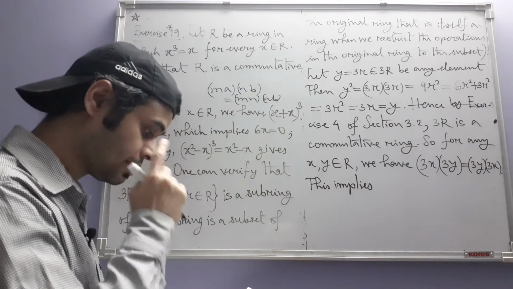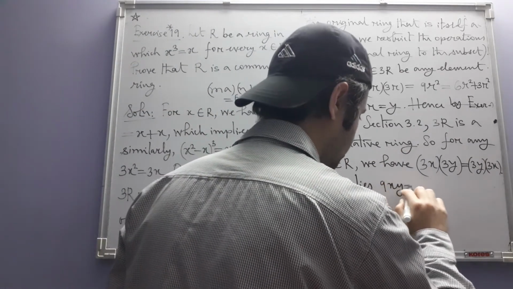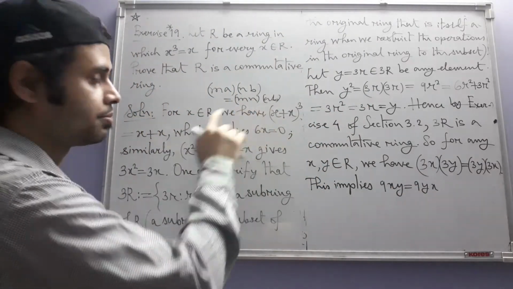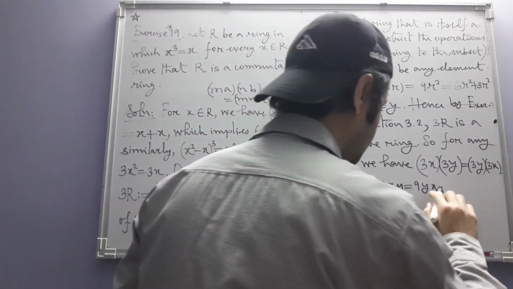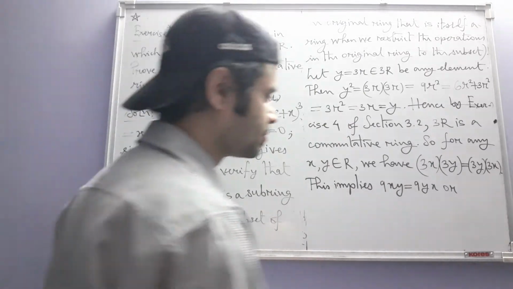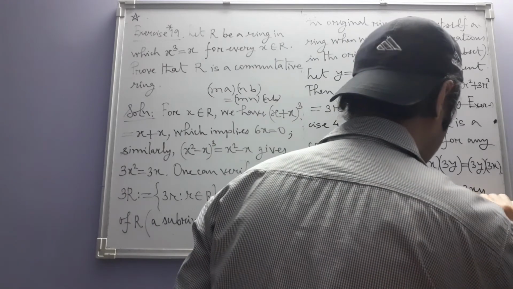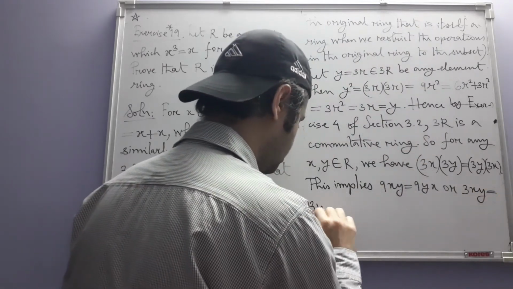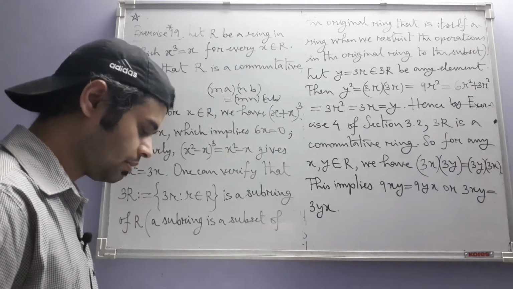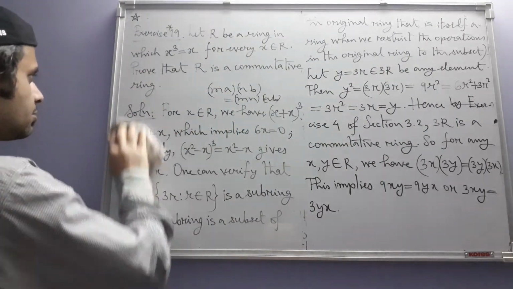Okay, so now what does this imply? This implies 9xy is equal to 9yx using this thing, okay, m a n b, or since 6xy will become 0, so we will be left with 3xy and 3yx. 3xy is equal to 3yx. Okay. Then out of nowhere there are some other calculations.